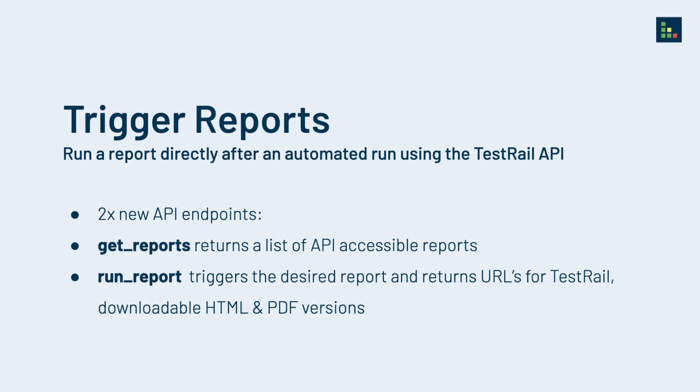You can trigger those using the run report endpoint. Again, this was a community-led enhancement with the capability to be able to run reports via the API, appearing very high up on our list of most requested features.